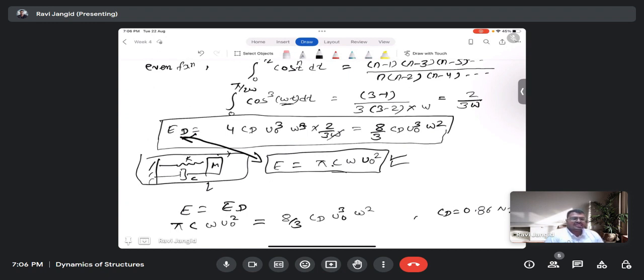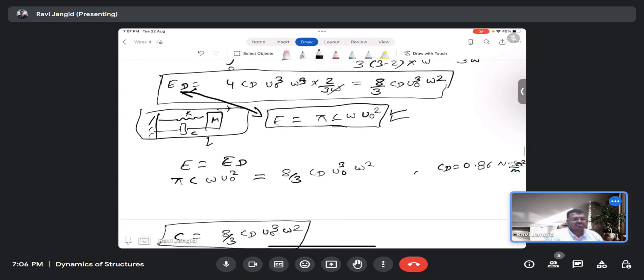So that's why we are converting from the fluid drag system to the spring mass damper system, and that's why we are equating this.